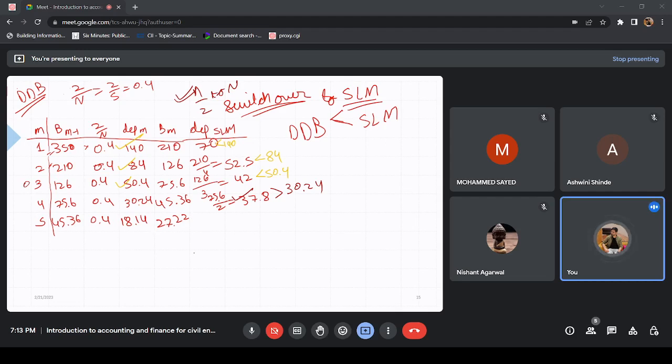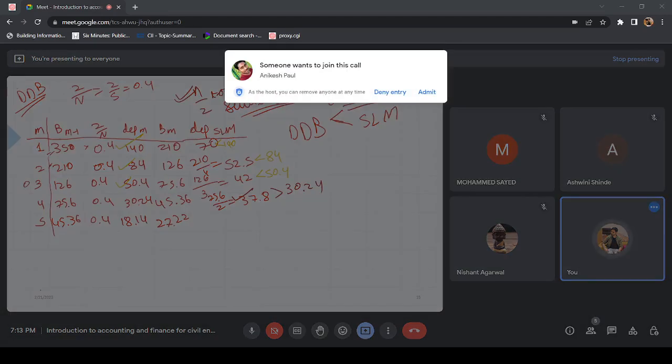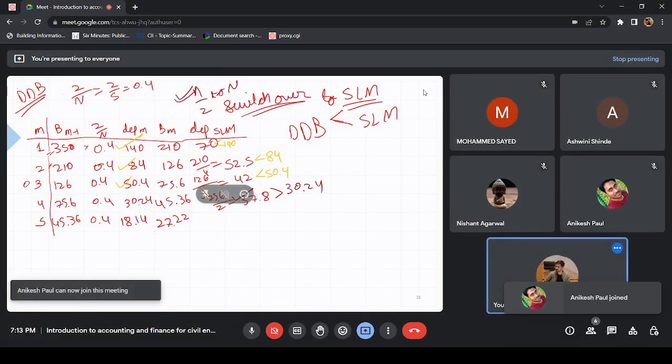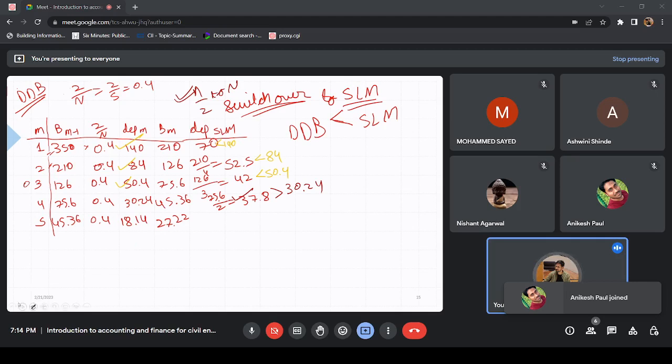So for year 4 and 5 I'll rewrite. Any confusion till this part what we are doing? Okay, if not then I'll write it for year 4 and 5 again. The book value at the start of 4th year is 75.6.